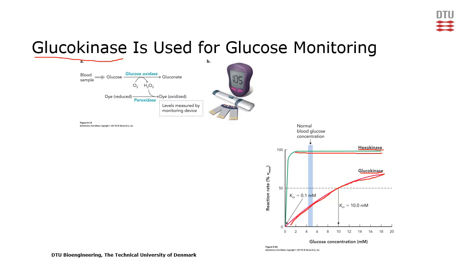But we can utilize the presence of the glucokinase in the bloodstream to help with monitoring glucose, and especially for diabetes patients, that's very important. So these are two different forms of the same enzyme that do the same reaction in our cells.